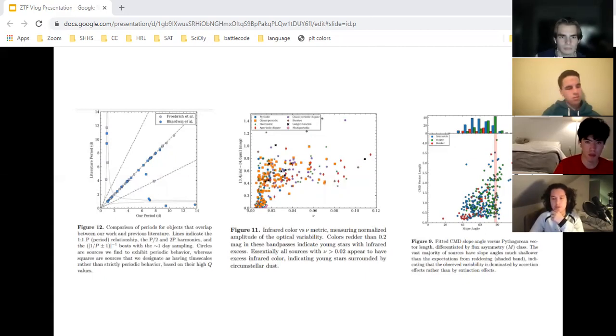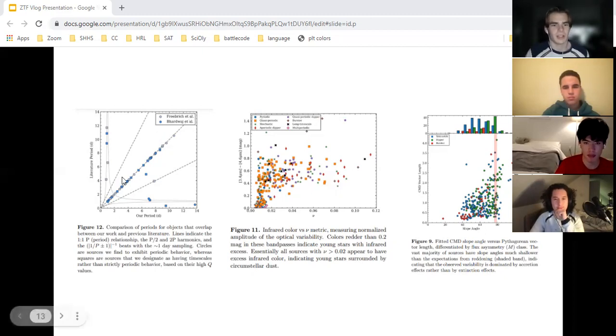So this plot is a way to verify that the theoretical origins of the light curve variability match with their classes. This also applies to the infrared plot, where certain classes like bursters and dippers should be more variable and have more infrared excess. So in other words, we are using different streams of data to validate the theoretical variability classes.